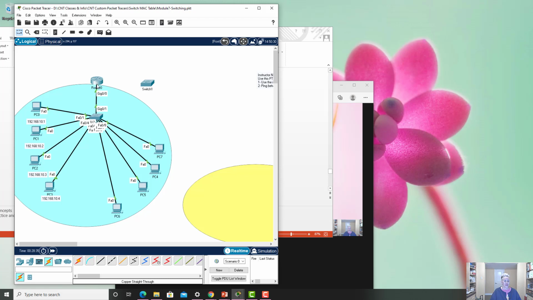And here's our default gateway, and this default gateway is taking care of this entire network off the G0/0. All of these devices are on the same broadcast domain, because if the router were to send a broadcast message, all of those devices would receive that message. So it is a broadcast domain.